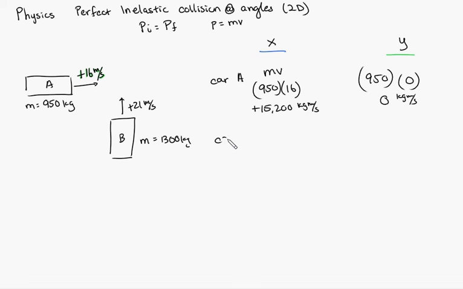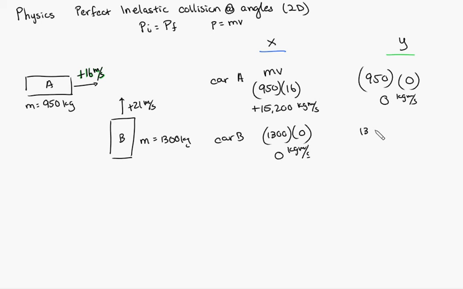Now for car B, it's the exact opposite. It's going up and down, so it has nothing going left and right. So its mass is multiplying 0 over here, and you get 0 kilogram meters per second. But all its velocity is in the y direction.